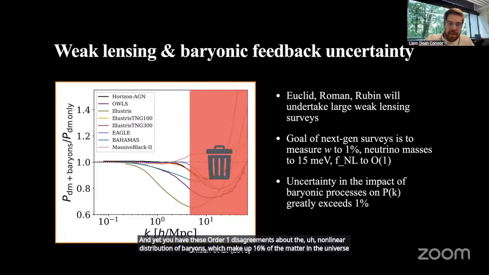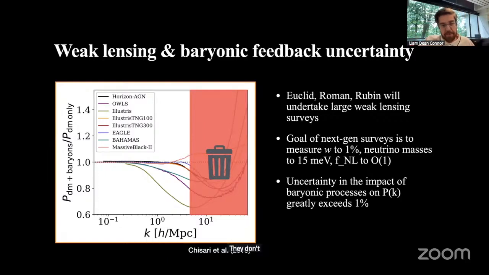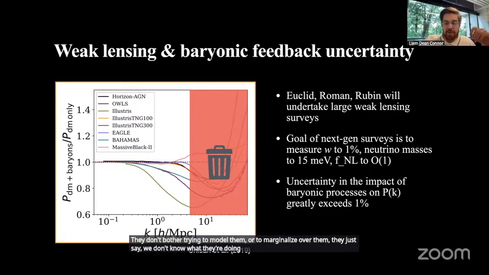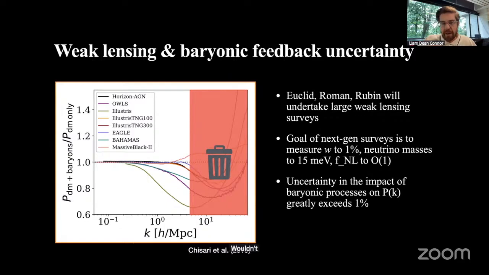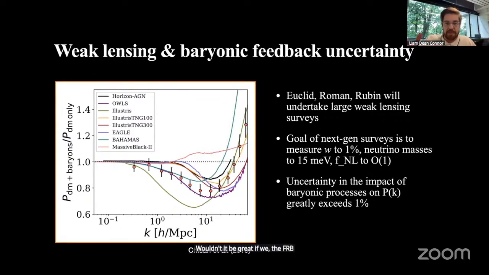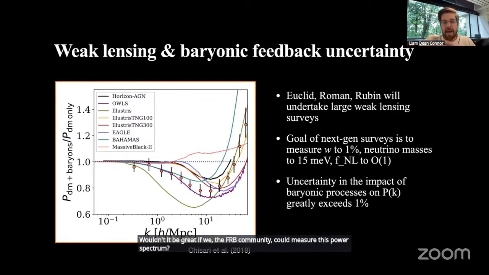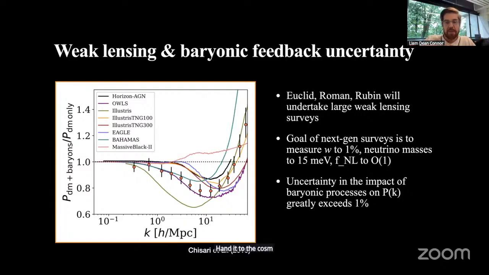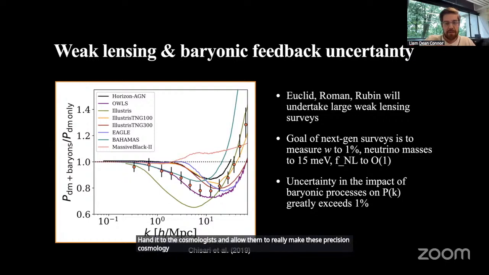So my understanding is that surveys like Dark Energy Survey currently just throw those modes out. They don't bother trying to model them or to marginalize over them. They just say, we don't know what they're doing, so we're just going to ignore them. Wouldn't it be great if we, the FRB community, could measure this power spectrum, hand it to the cosmologists, and allow them to really make these precision cosmology measurements that they set out to do in the first place?